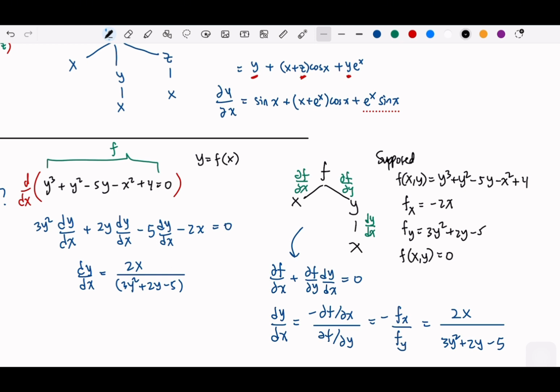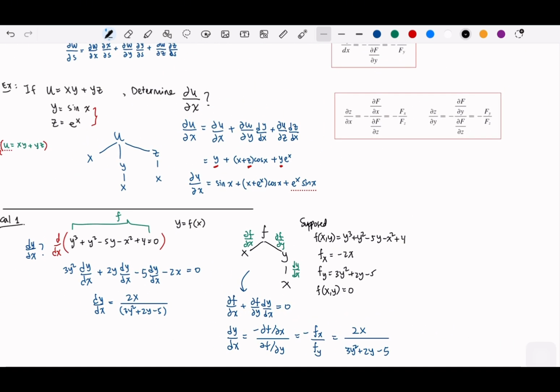This is equal to 0 from the function itself. When we know that f itself equals 0, we can partially derive and plug into this part. And through the same reasons as what we did here, we can rewrite the implicit in terms of this.